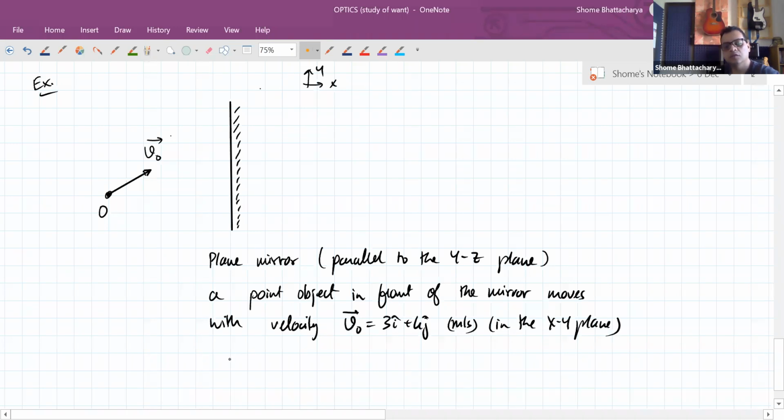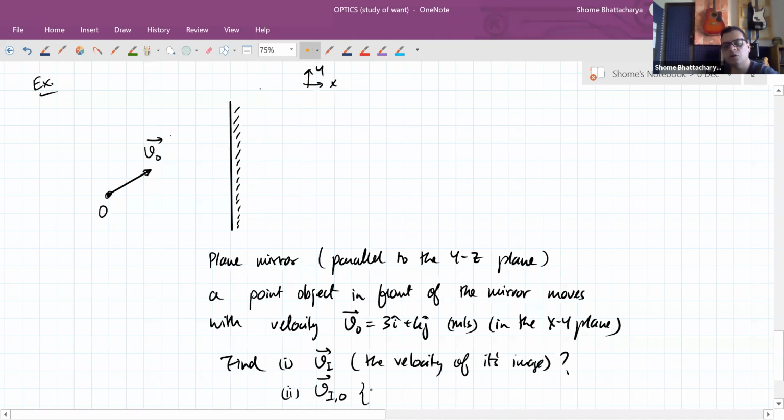Find the velocity of its image. And secondly, the relative velocity of its image with respect to the object.